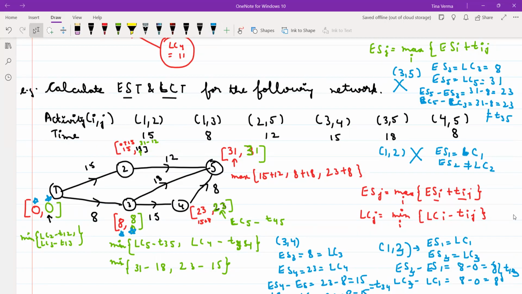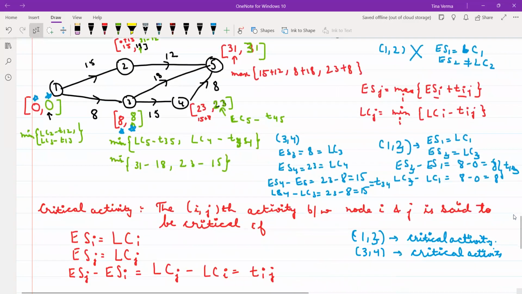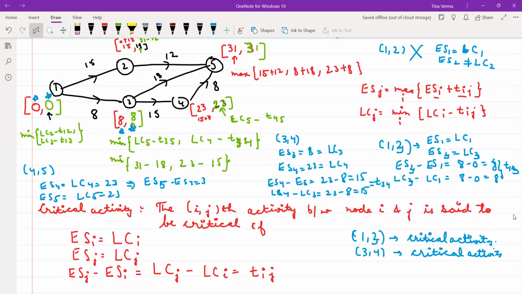Then last activity 4 to 5. Here if you consider 4 to 5 activity, ES4 is also equal to your LC4, that is your 23. ES5 is equal to LC5, that is 31. And if you take the difference between ES5 minus ES4, that will be 31 minus 23, that will be 8.